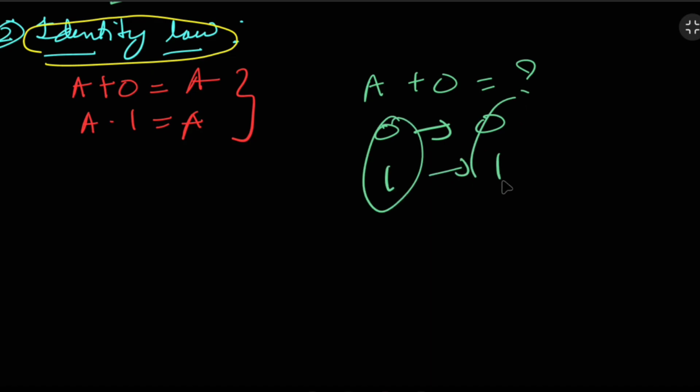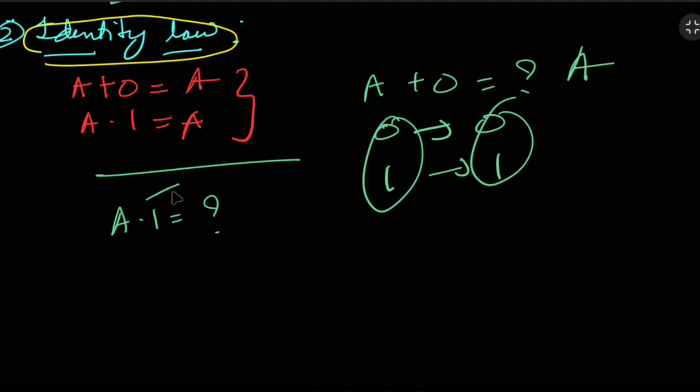Final result is same as A. So this is again the idea. Is this clear? Very simple. Now what do you think about A dot 1? This is fixed again. A is 0, A is 1, then final result will be 1. So the final result is same as A. This is the identity law.